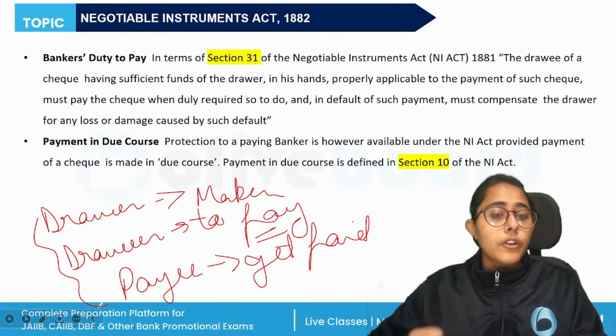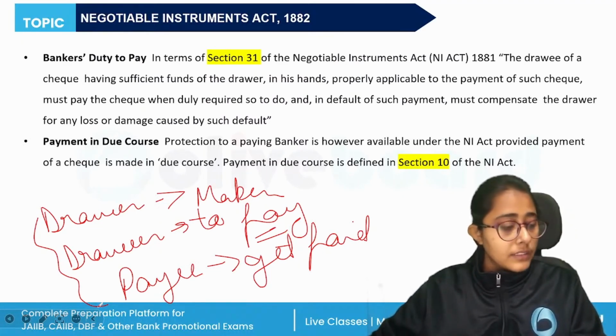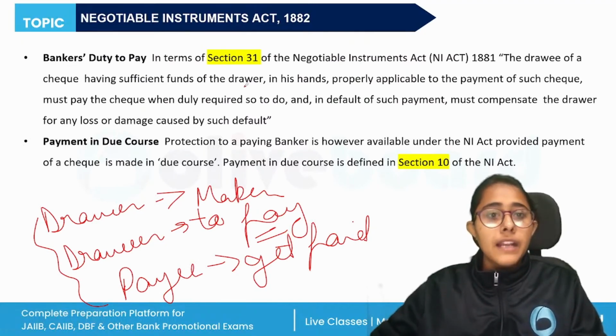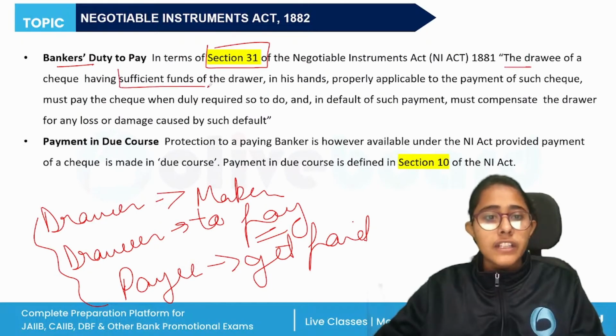Then if we talk about the payment of checks, there is certain protection that is provided to bankers as well as the customers. So first we have the banker's duty to pay, which is given in section 31 of the Act. The drawee of the check that is having sufficient funds of the drawer in his hands properly applicable to the payment of such check must pay the check when duly required to do so.